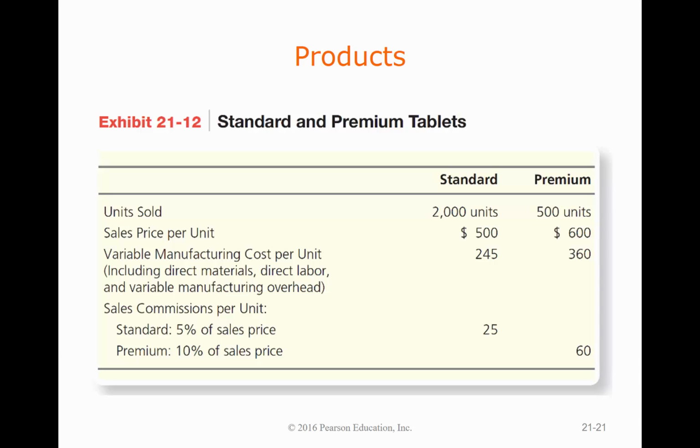So another concept that we use this for is sometimes we're deciding, I've talked to you about customers who have various products that they sell, and some products make them more or make them less. So this would be what they call a standard premium decision. Usually we have a standard version of our product and a premium version of our product.